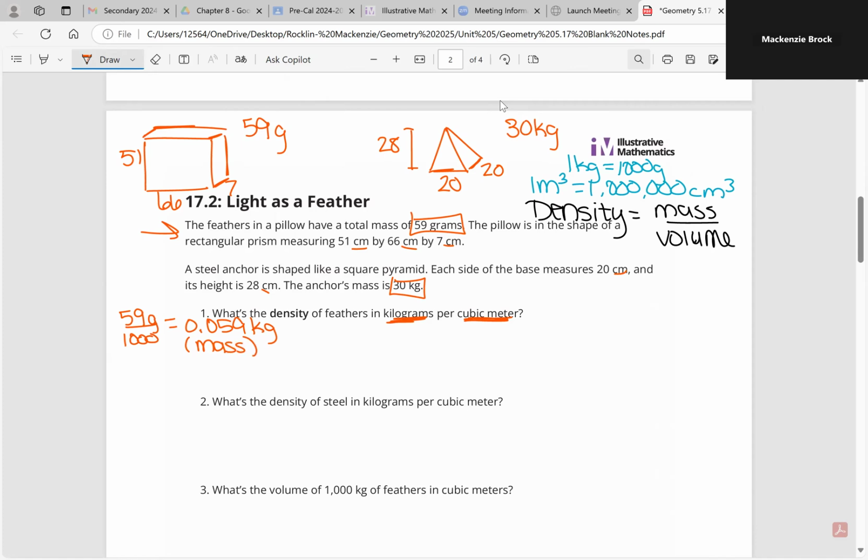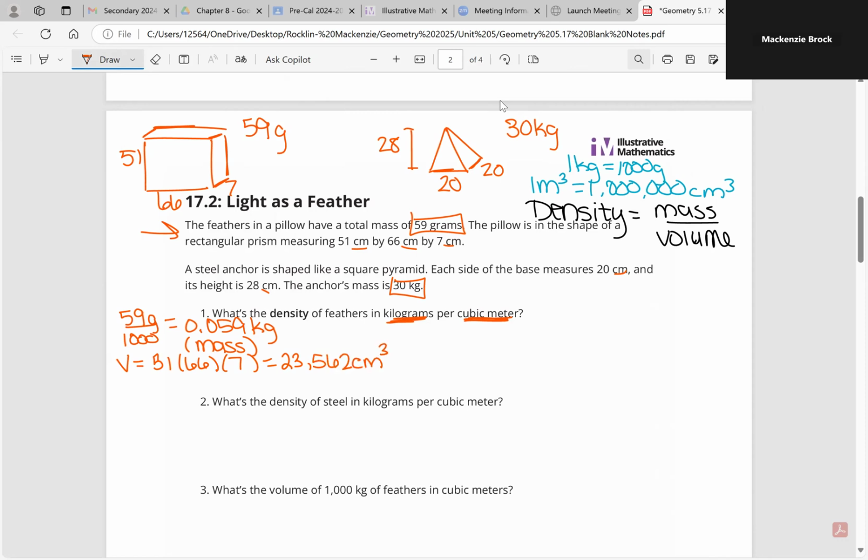Okay. Now, I need my volume, but I need it in cubic meters, not cubic centimeters. All right, so let's go ahead and start calculating our volume. Volume is going to be 51 times 66 times 7, which is 23,562 cubic centimeters.